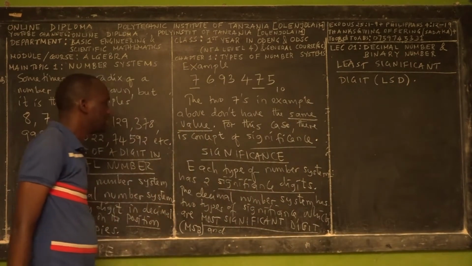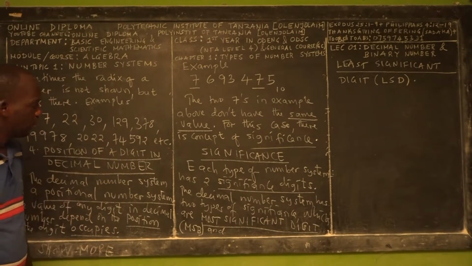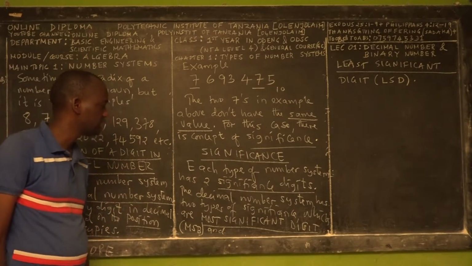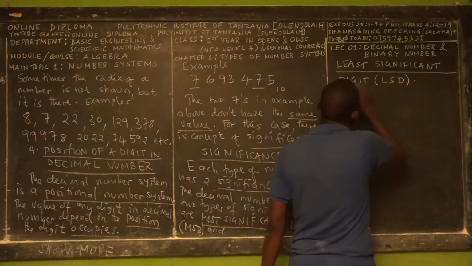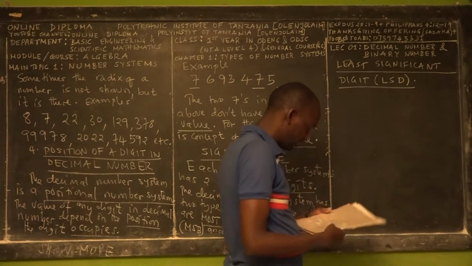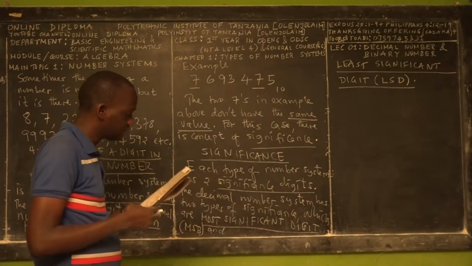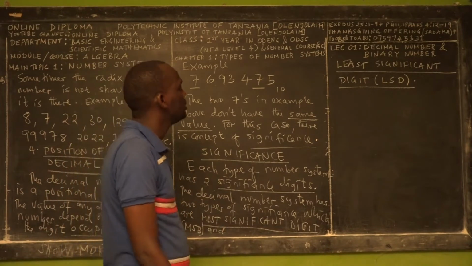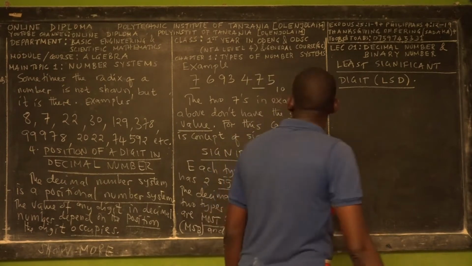So in decimal number system, we have two types of significance, which are most significant digit and least significant digit. These are very important because later on you will see how to use this in converting one number system into the other number system.